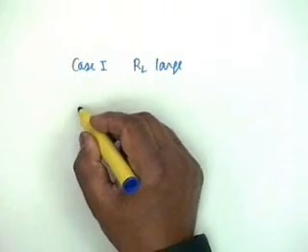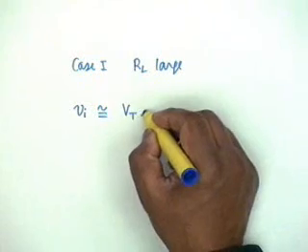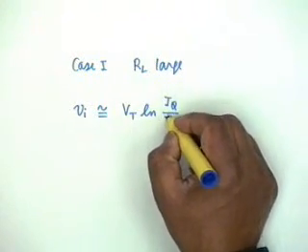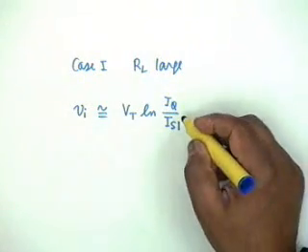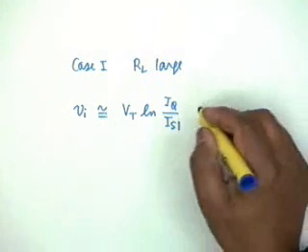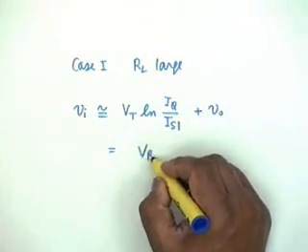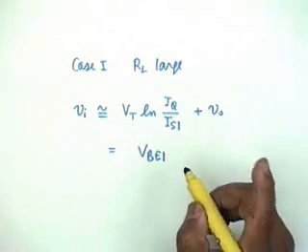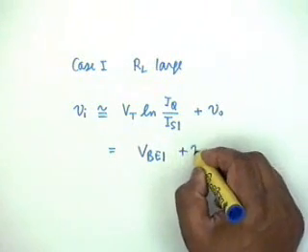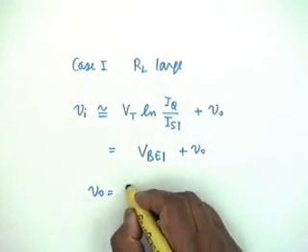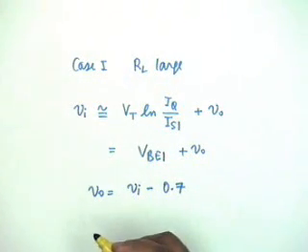If RL is large, then obviously the relationship is Vi approximately equal to Vt log of IQ divided by IS1, which is a constant now. We approximate this term which varies with V0 by a constant plus V0, and this obviously is VBE1, the DC voltage across the first transistor between the base and emitter, plus V0, which means that V0 is equal to Vi minus 0.7 volt, our usual relationship that we got in class B also.